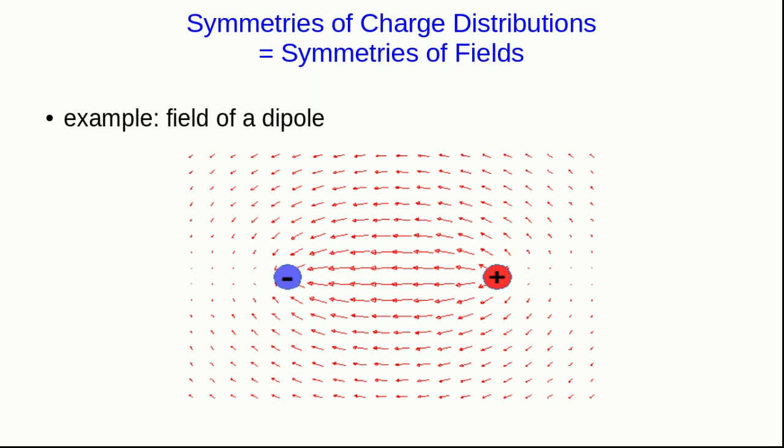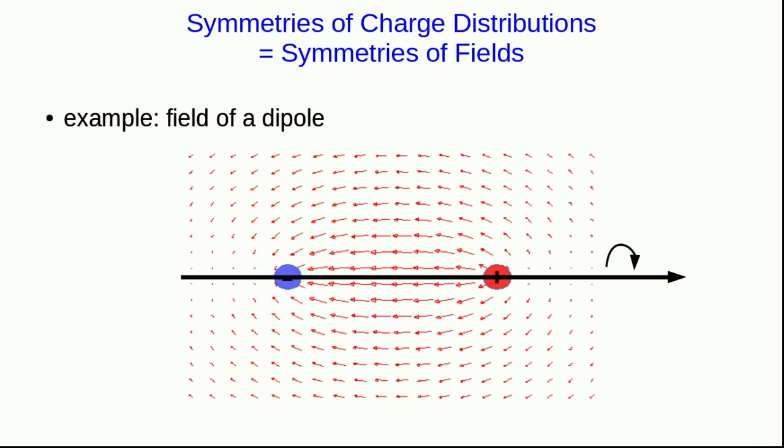This is going to be very useful along with Gauss's law as a way of easily calculating fields due to highly symmetric charge distributions. I'm not going to show you yet how you use it with Gauss's law, but I will demonstrate the idea of the symmetries of the charge distributions and fields matching using a dipole. So think about this dipole and realize that while the field that I've drawn for it is in 2 dimensions, it's really a 3-dimensional field.